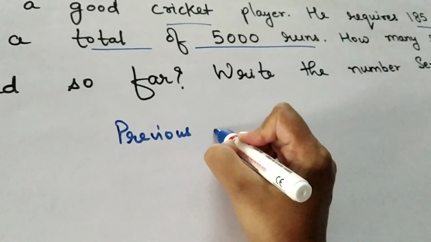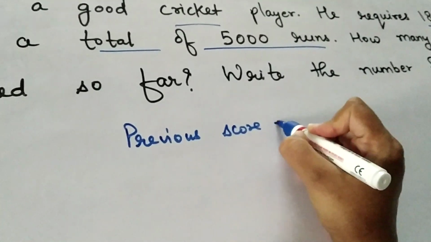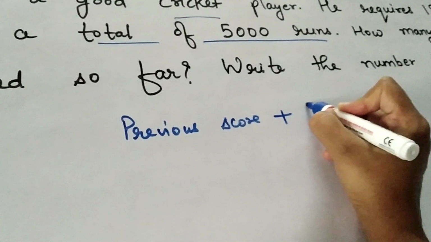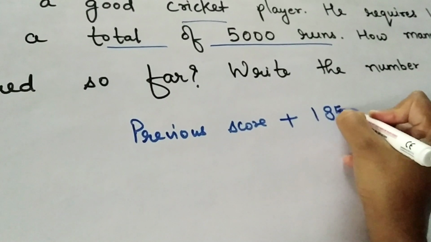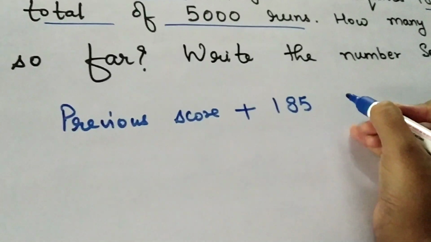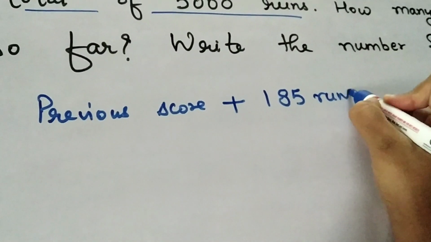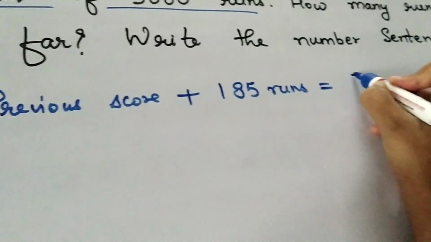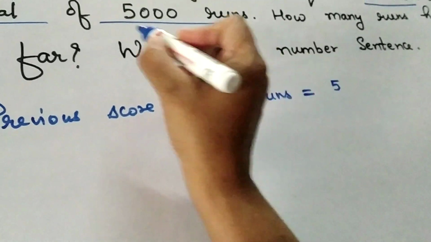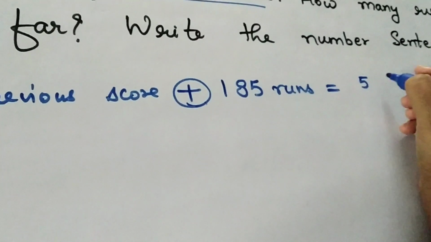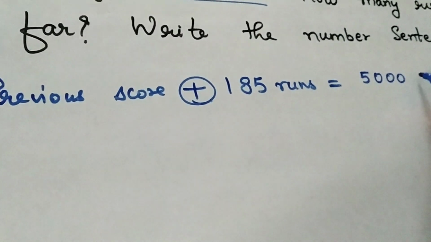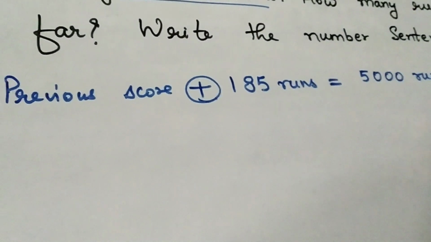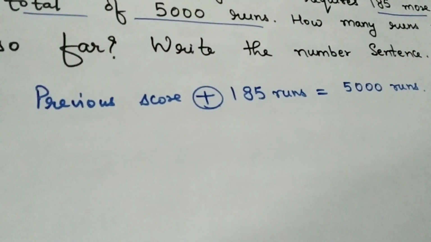You can write like this for your understanding. In this previous score, if he scores 185 runs more, total it will become, total means addition, right? Total it will become 5000 runs. This is the meaning of this sentence.